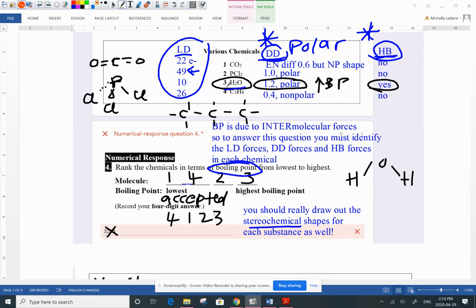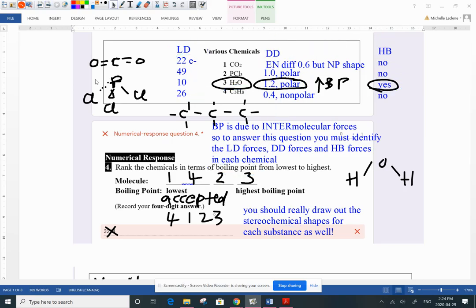And so when you look at a molecule like water that has a very high electronegativity difference, is a polar molecule, and has the strongest intermolecular force, a hydrogen bond, then it is actually going to have the highest boiling point. You see that, yes, it does have the highest boiling point. Okay, and so I accepted 2 different answers here, but a lot of students still struggled with that.